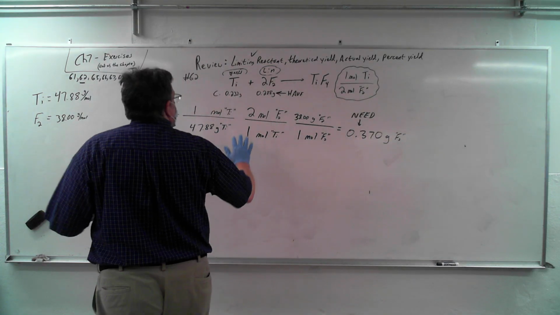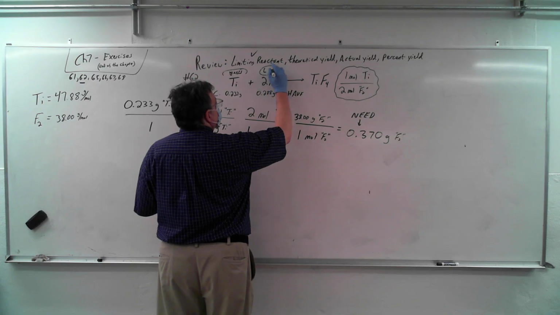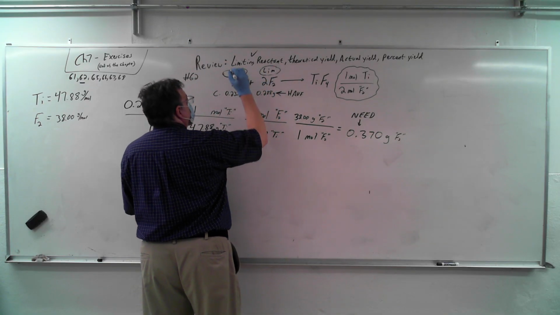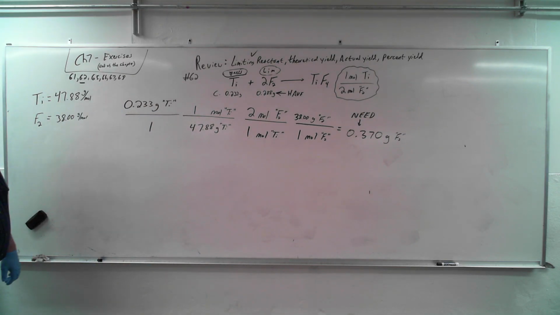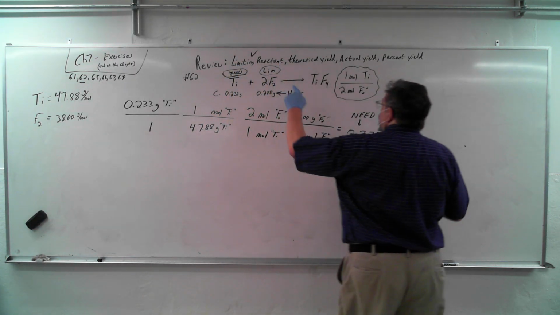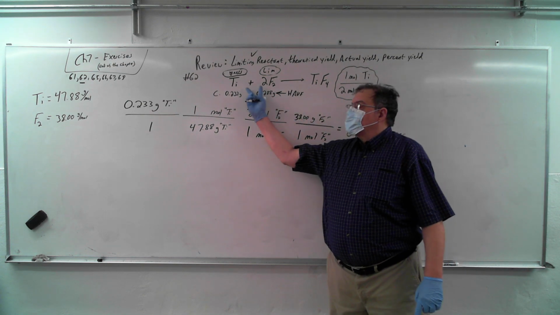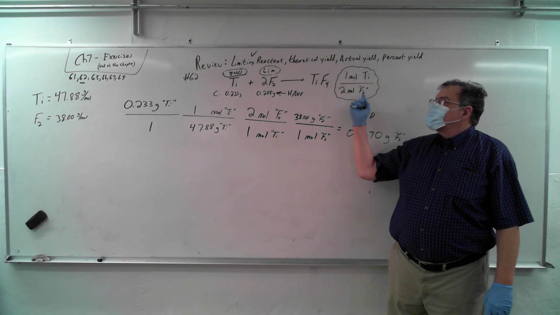Okay, but so far, all we've done is figure out the limiting reactant. This is our limiting reactant in this case, just like last time. The next thing to do is calculate the theoretical yield. When you're finding the limiting reactant, it's this molar ratio between the two reactants that you're using, Ti to F2.